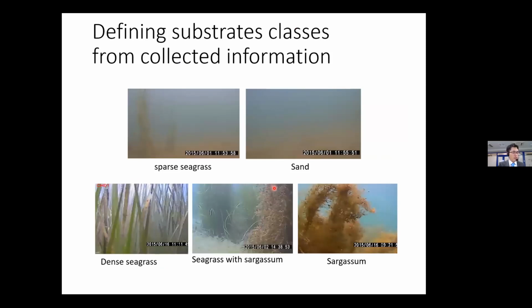You have to define substrate classes from the collected information. In NPEC, we usually use sparse seagrass, dense seagrass and mixed ones. And we have to define sand or sargassum also.